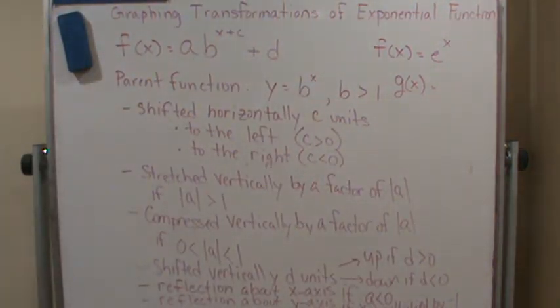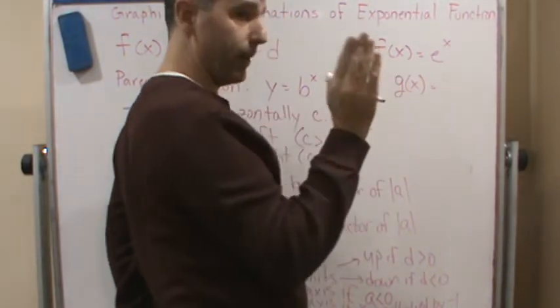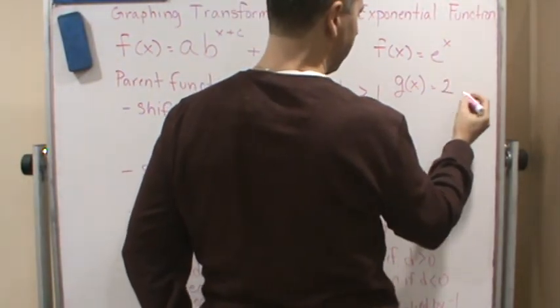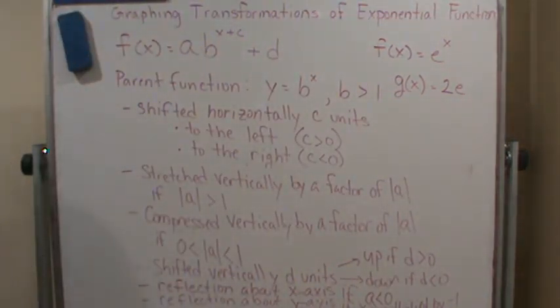So what we're doing is we're taking f of x, it's vertically stretched by a factor of 2. Well, that means we're going to have a 2 out here in front of the e. And then it says it's reflected across the y-axis.